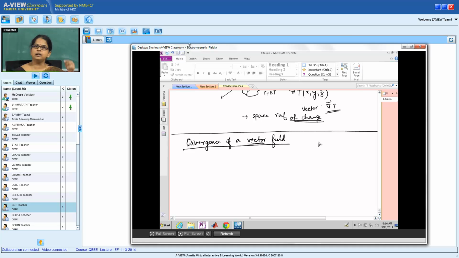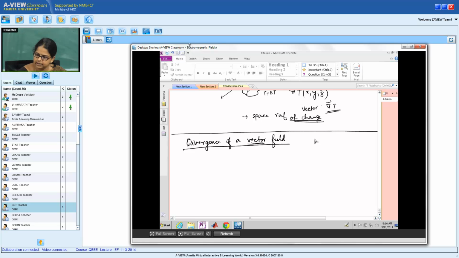A scalar field, for example, is temperature. At different points in space the temperature is different, but temperature is a scalar, which means it does not have any direction. I do not have to specify that the temperature is 30 degrees in the y direction or z direction. Direction does not matter, it is a scalar.